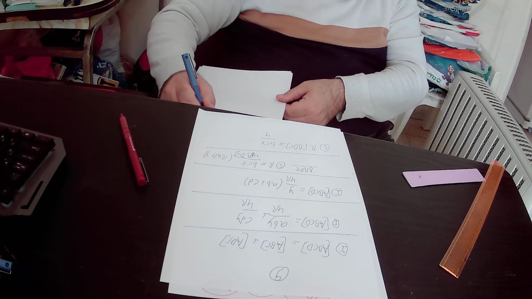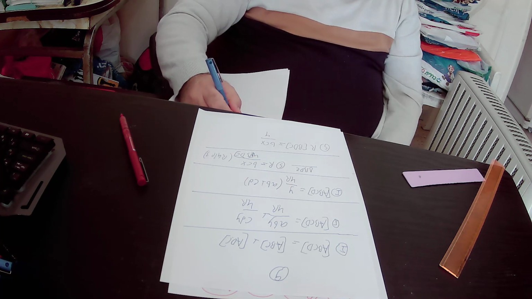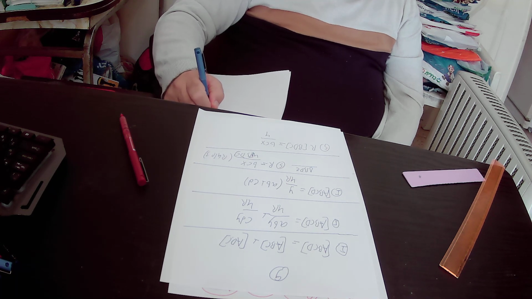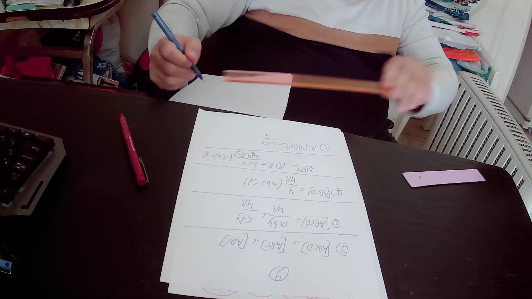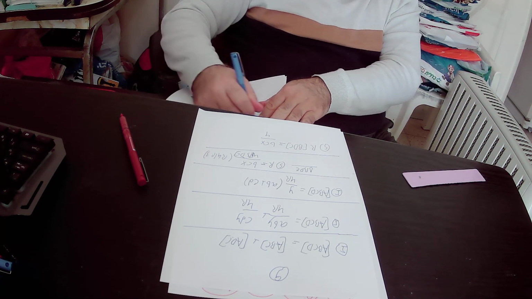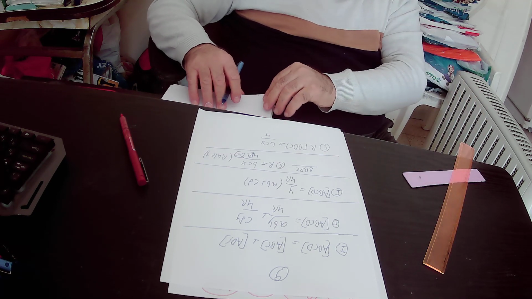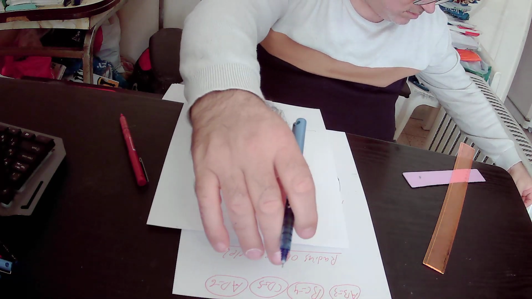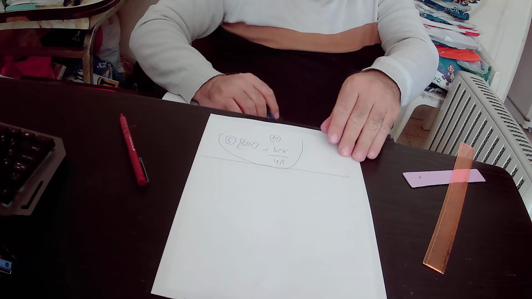And we will get that the area of triangle BDC according to equation number 5 equals BCX over 4R. So we actually found out the area of triangle BDC equals BCX over 4R.